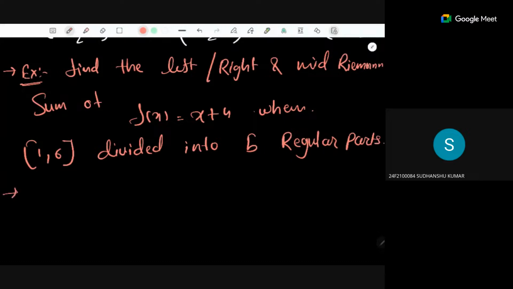So here what will be the left Riemann sum, what will be the right Riemann sum, and what will be the mid Riemann sum.